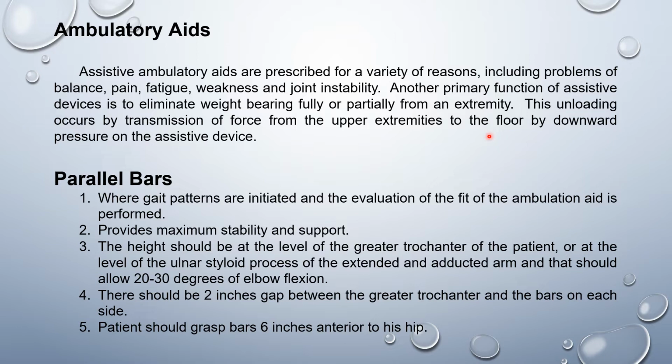Another thing is the height should be at the level of the greater trochanter of the patient and at the level of the ulnar styloid process of the extended and abducted arm, and that should allow 20 to 30 degrees of elbow flexion. Okay, remember parallel bars.